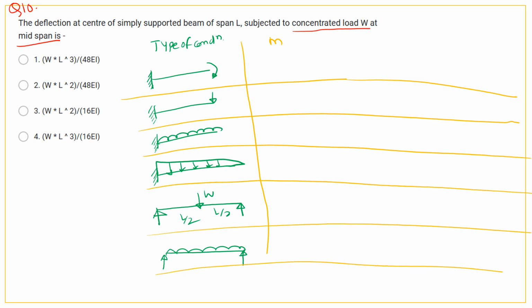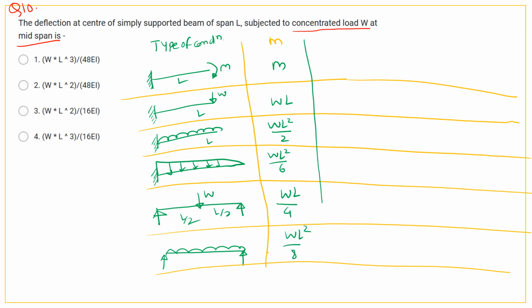For the first condition, the moment is M. Then W into L, WL. Then WL square by 2, WL square by 6, WL by 4 and WL square by 8. These are the moments for these different loading conditions for different beams.